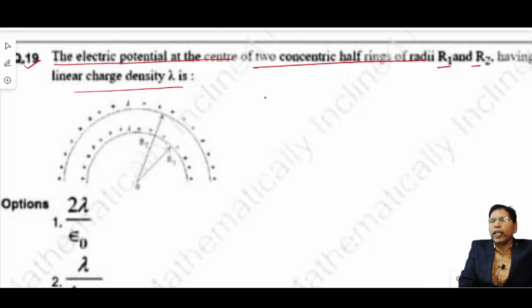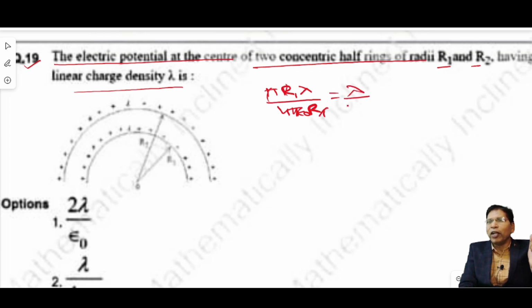The charge on the inner ring is pi into R1 into lambda. So the potential at the center due to the charge on the inner ring is charge by 4 pi epsilon naught into R1. Now pi and R1 cancel out, so this is lambda by 4 epsilon naught.